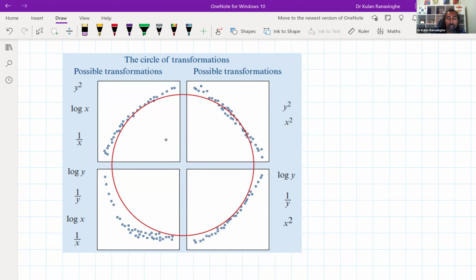Are you with me, everyone? Good. And then here, if that is the case, it would be log y, 1 on y and x square. And in a similar manner, if it is on the other part, that means going down like a hyperbolic form, that is 1 on y or 1 on x, either log x or log y. All four apply here on the far left corner at the bottom.